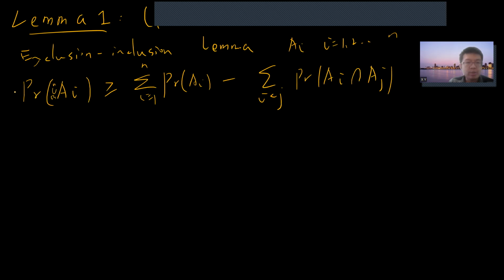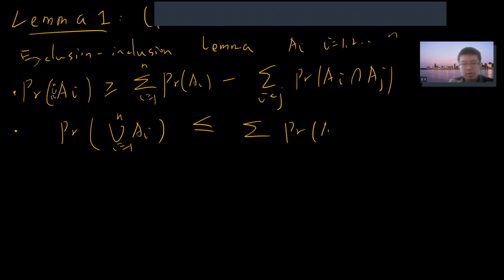So this is the lower bound, right? And for the upper bound, we use the union bound. This is a very powerful technique: if you know the probabilities of A_i and A_j and also their intersection, then you're able to bound the union, both upper and lower. This is called the union bound.